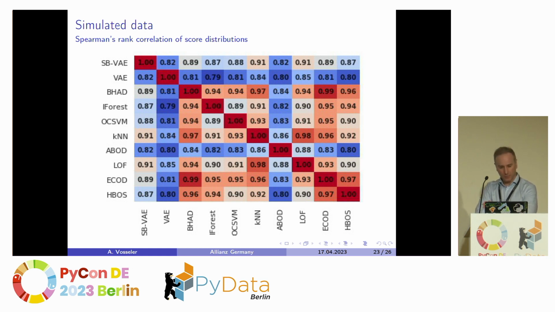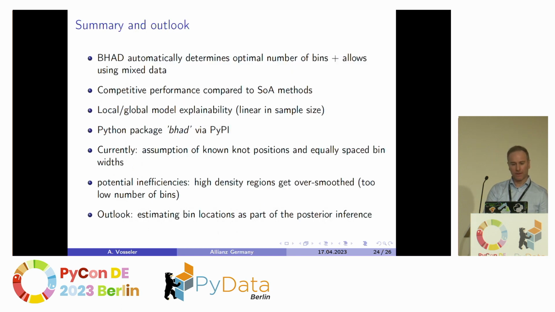But also with more complex models, like, for example, in the top row, the Dirichlet process VAE, which is a completely different approach to ours. It's a deep learning approach, but even with such an approach, it has a very high Spearman's rank correlation. So this can be taken as some sort of justification to take this as a proxy model.